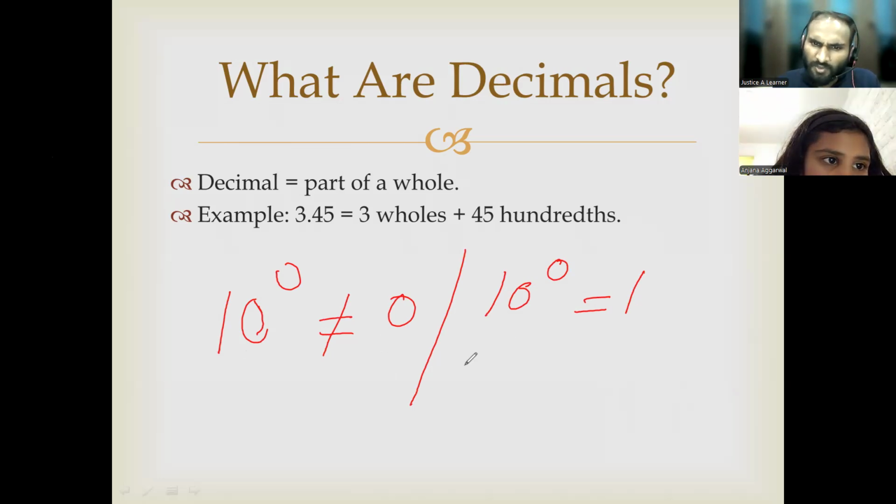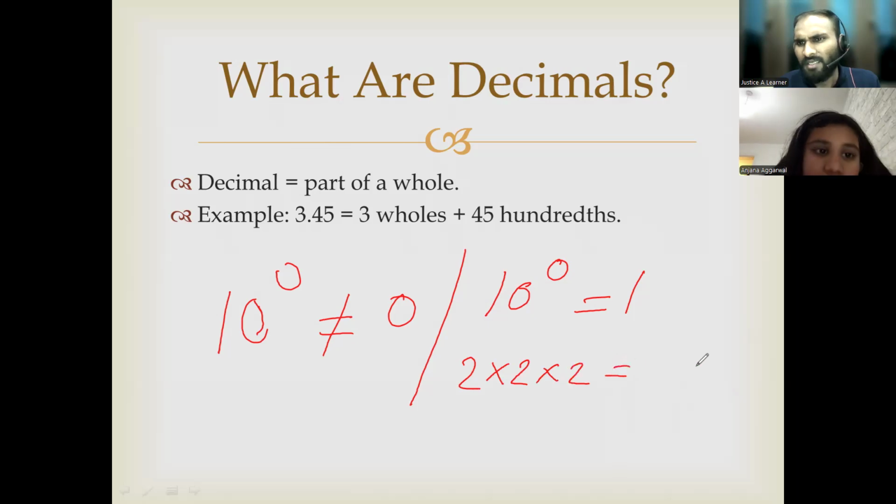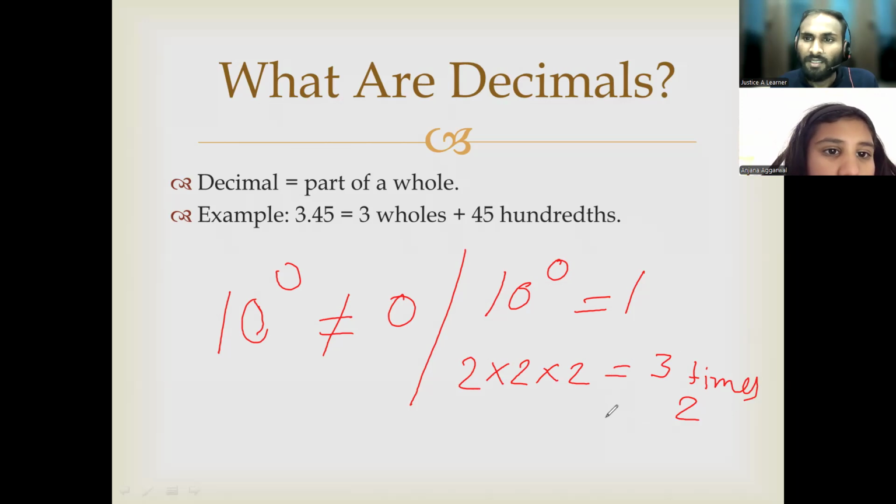Let me show you this with an example. When we write powers, 2 into 2 into 2 means 3 times 2, right? So when the same number is continuously multiplied, the number of times it is being multiplied, we write as the power. What is the common or universal factor found in every number? 1.